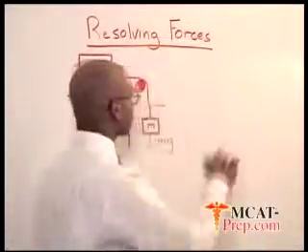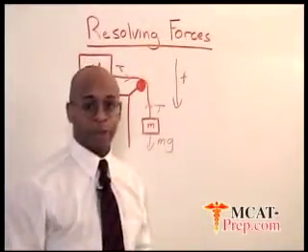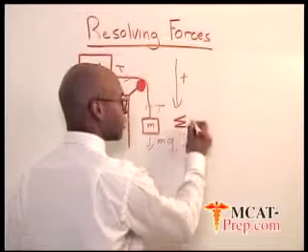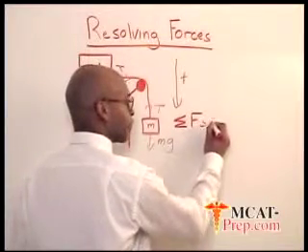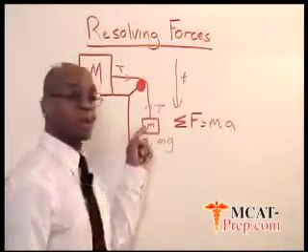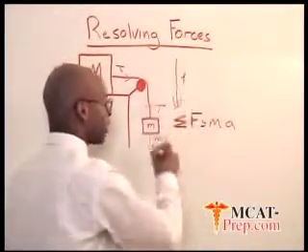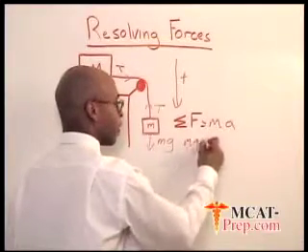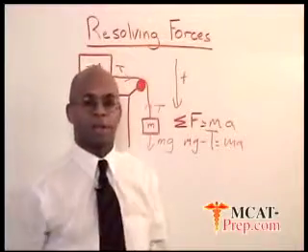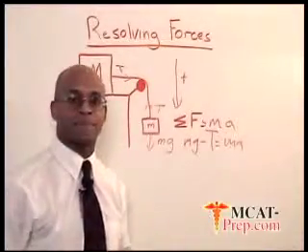Well, first, let us define downwards as being positive, which is arbitrary. Then we will write our classic Newton's second law, which is the sum of forces is equal to ma. The sum of forces around this mass would be mg downwards minus T, the tension, is equal to ma. Thus we have resolved the forces around this mass.